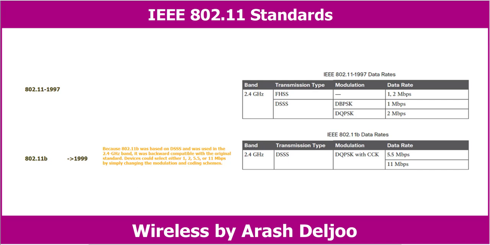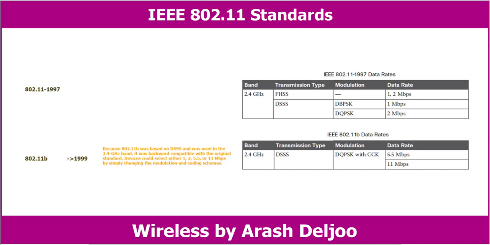Now let me explain a little about 802.11b. To increase throughput over the original 802.11 1997 standard, 802.11b was introduced in 1999. It offered data rates of 5.5 and 11 megabit per second through the use of complementary code keying, or CCK, as I explained before.